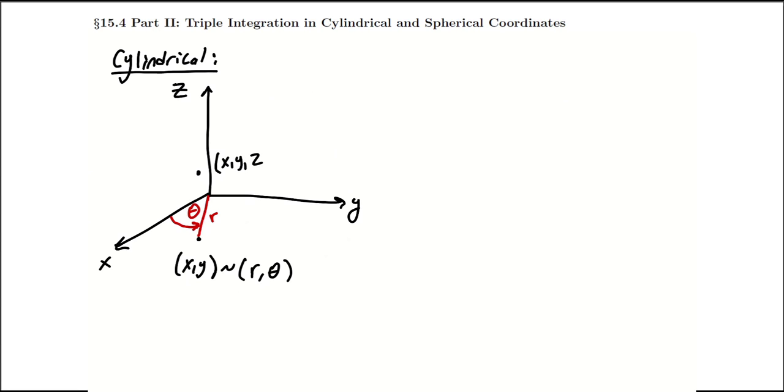So this point in cylindrical coordinates is simply: take the polar coordinates for the xy pair and then just tack on a z.